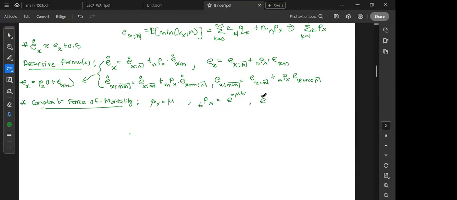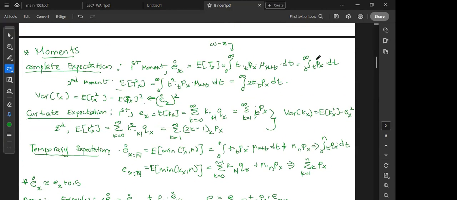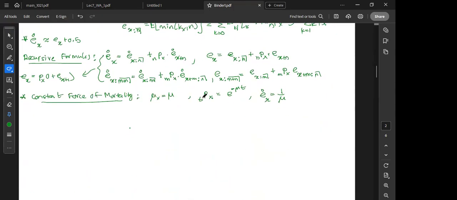For the complete future lifetime expectation, it is just 1 over mu, because we know the survival probability p_x(t) is this, and if you integrate e to the power minus mu t, you will get 1 over mu. For the temporary expectation for n years, I can say it's 1 over mu times 1 minus e to the power minus mu n. That is how I can simplify these calculations using assumptions.